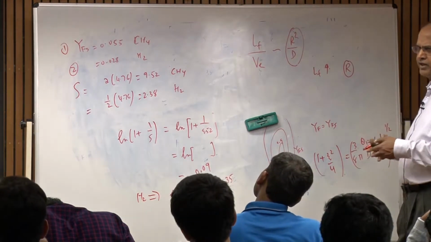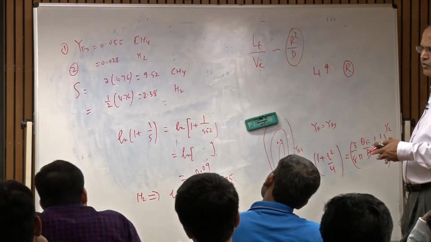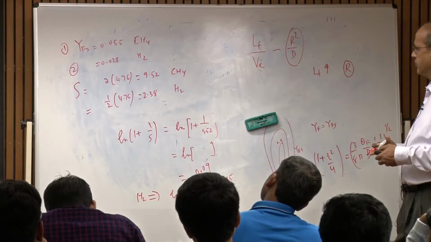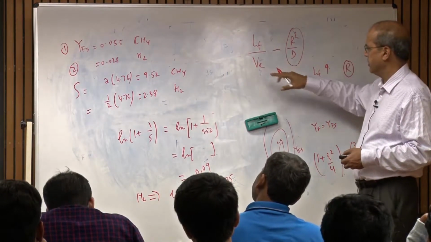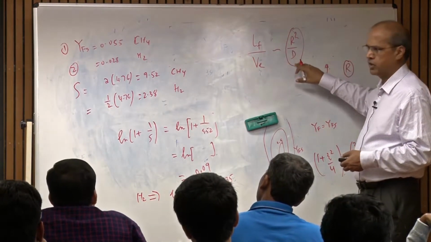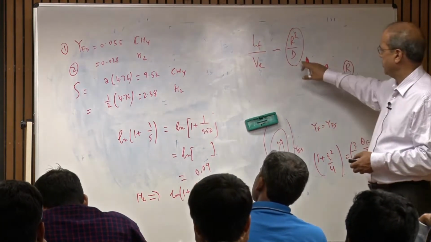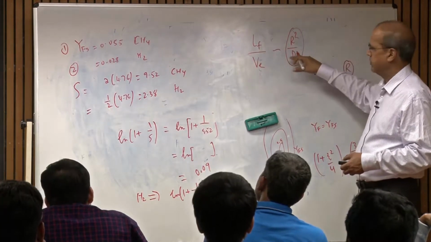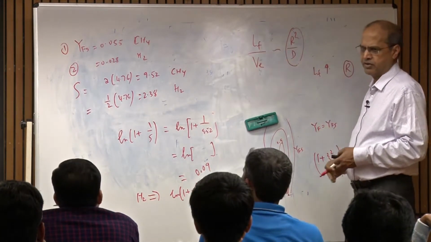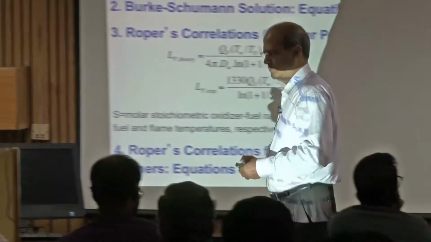So just using the time scales, you can explain physically why LF should change with V, R, and also the diffusivity. Because if you change diffusivity, again you are changing this time, so this time has to change, because the convection balances the diffusion part.